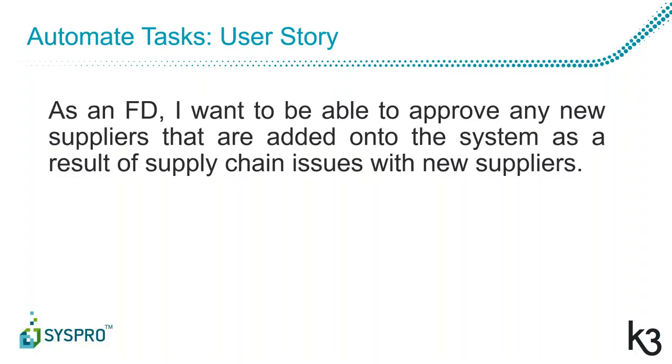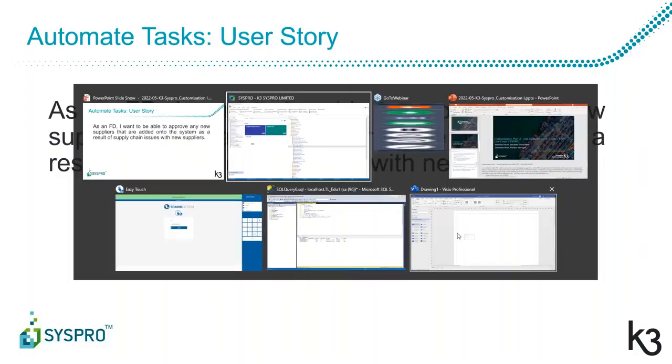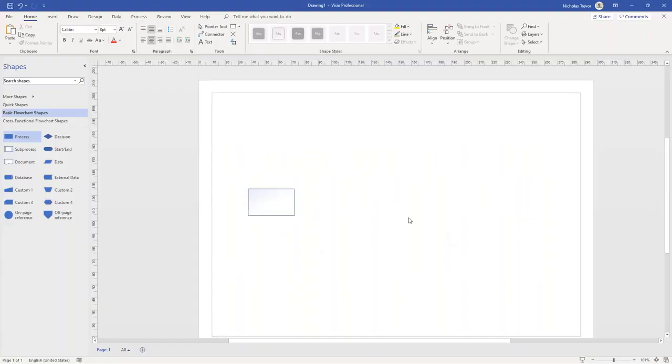So in this particular story, what I'm trying to do is enhance the supplier creation process by saying, as standard, it will go on hold, and then I need someone to go and approve that and take the supplier off hold to free for use. So you can imagine someone's going to enter the supplier in SYSPRO, and I'm going to actually video this one out a little bit.